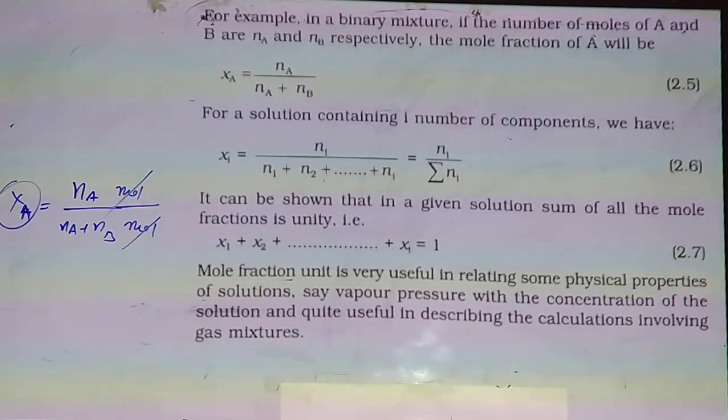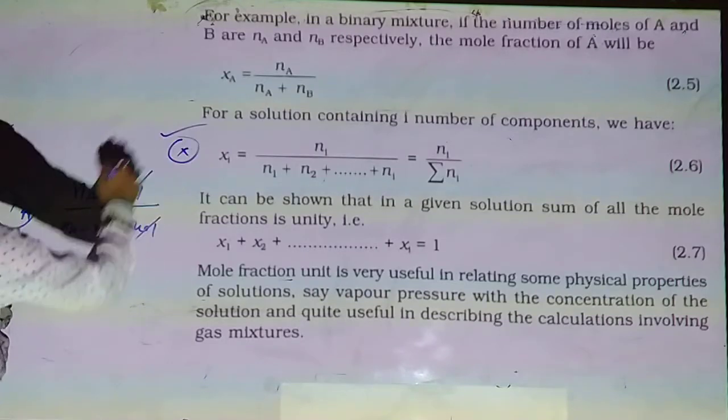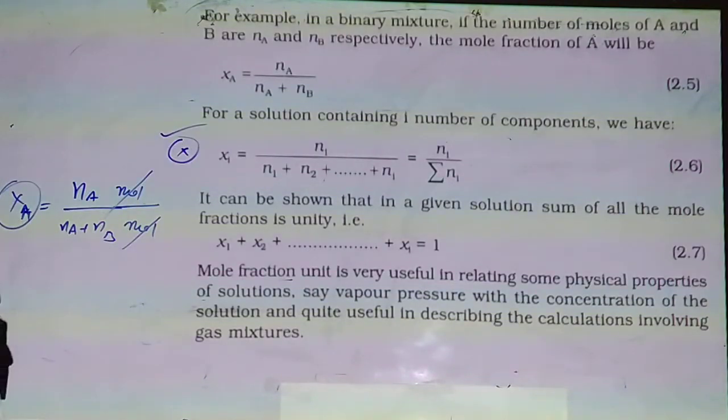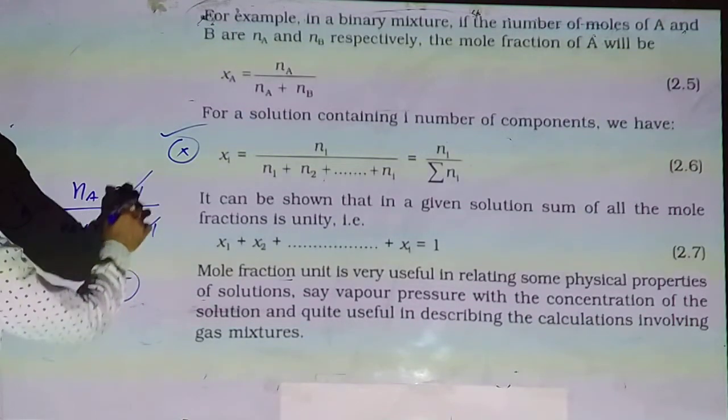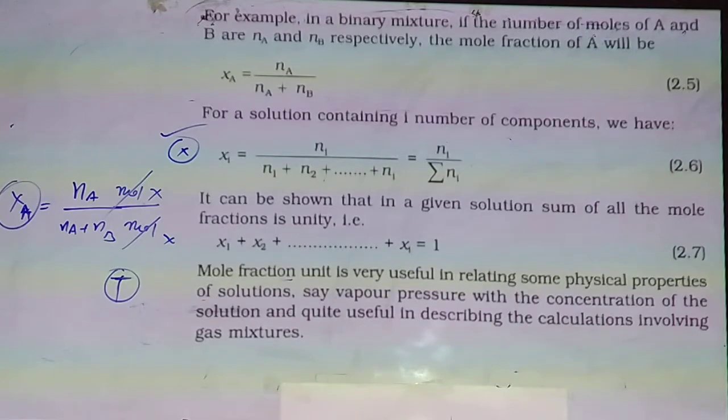And this physical quantity, the mole fraction concentration method, does not depend upon temperature. Why? With a change in temperature, mole is not changeable. Mole never changes with temperature, so mole fraction remains constant.